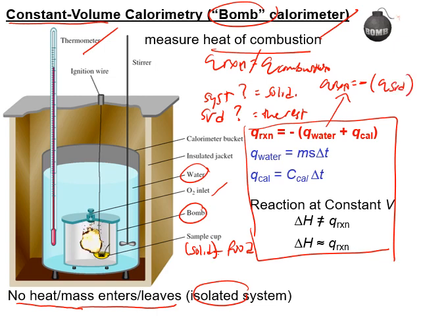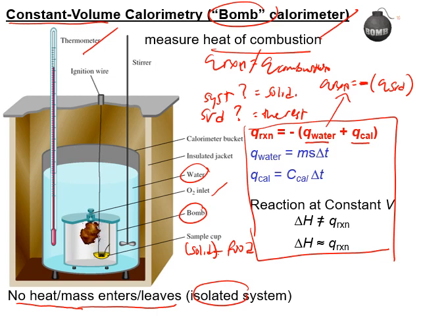The surrounding basically has two major things here: one is the water, one is the calorimeter. Cal here means calorimeter, the whole thing. As you know, when the reaction is releasing heat, the surrounding will absorb the heat. Therefore, you will see a minus. So it is split into two: one is Q water, one is Q cal.